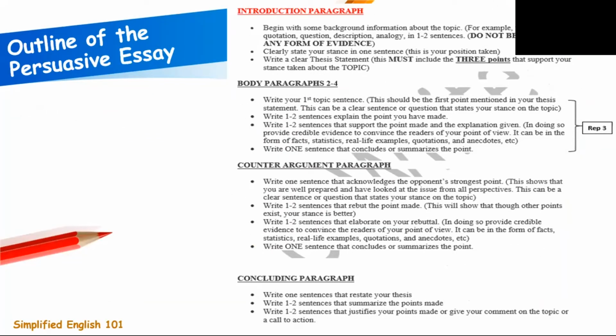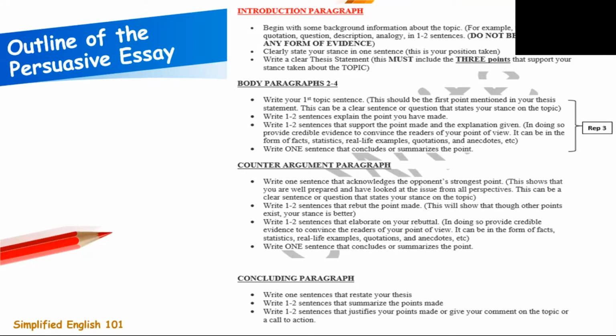Some persons do write a 5-paragraph essay, but I will be teaching you one thing that many persons do not teach, which is your counter argument. So, of course, your introductory paragraph asks that you begin with your background information, state your stance in a sentence, and write your clear thesis statement. You're also expected to write 3 body paragraphs that support the stance or position you have taken on the topic.